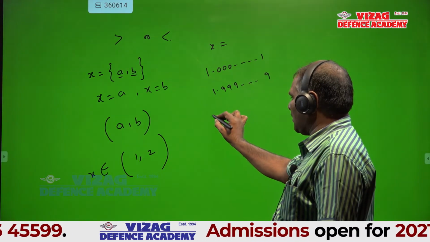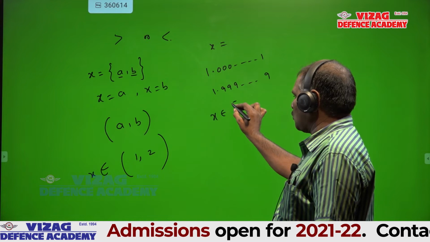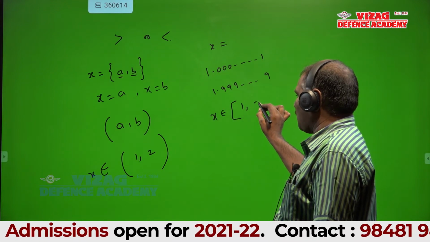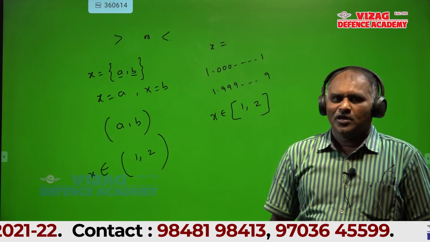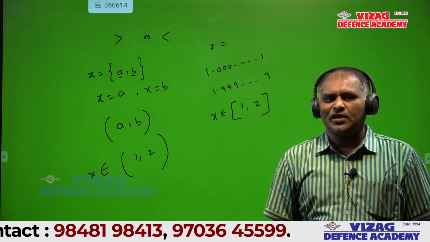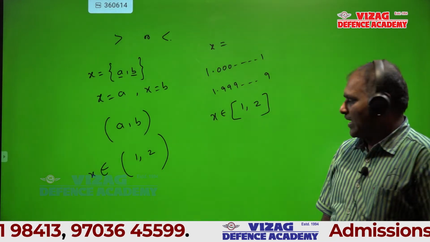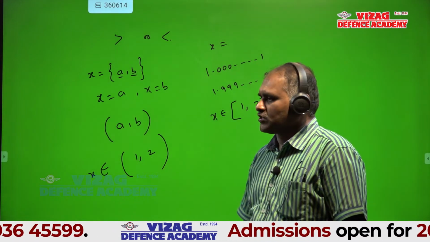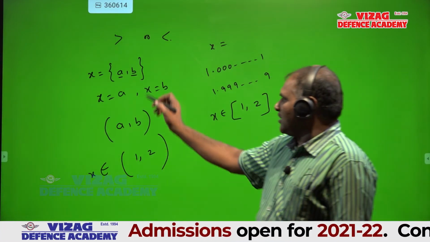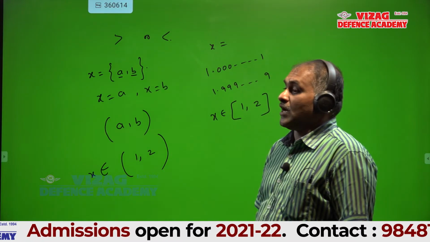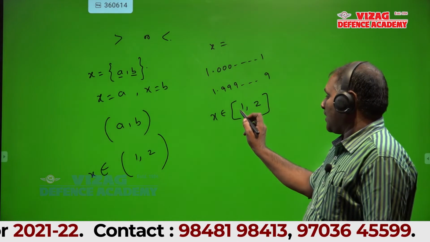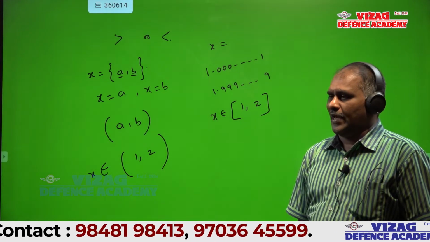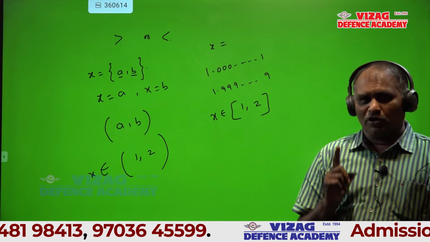What is the meaning of x belongs to closed bracket of 1 to 2? Square brackets are used, and that is called a closed bracket, like you use the open bracket. Just listen. Closed bracket of 1 to 2.